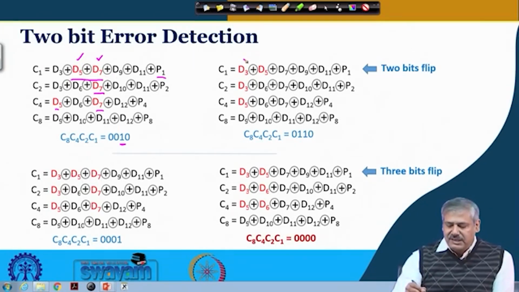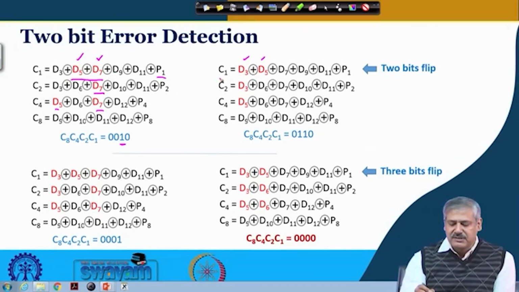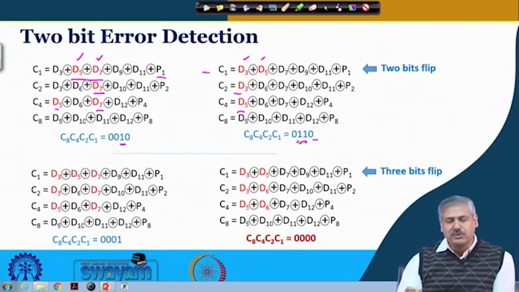Similarly, if you see D3 and D5, both flipped, that means this will be 0, it cannot detect anything. D3 is here, D5 is not present, and D5 is here, D3 is not present. So, they will generate 1 1, and in the C8 case, neither D3 nor D5 are there, so this will be 0.